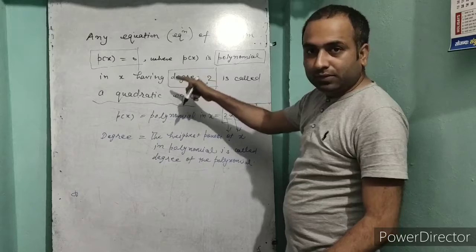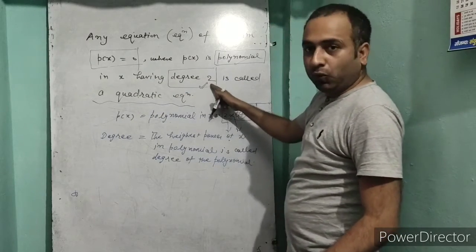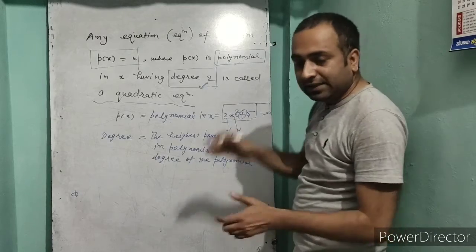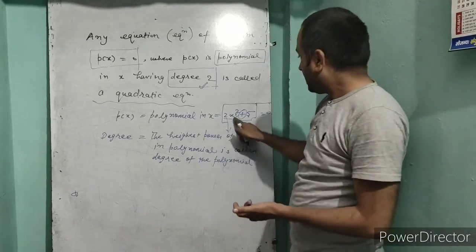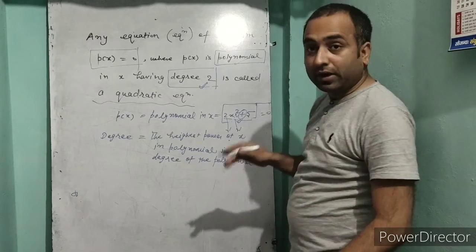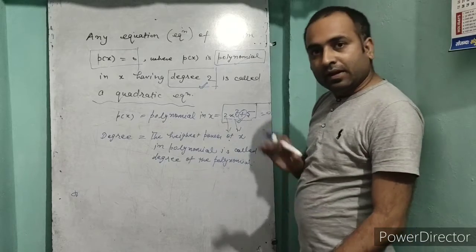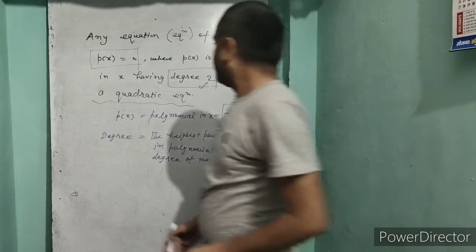And according to your definition, P(x) is a polynomial in x having degree 2. The highest power of the variable gives you the degree, and here it is 2. Because of this, it's a quadratic equation. Okay, if you want to write, you can write.